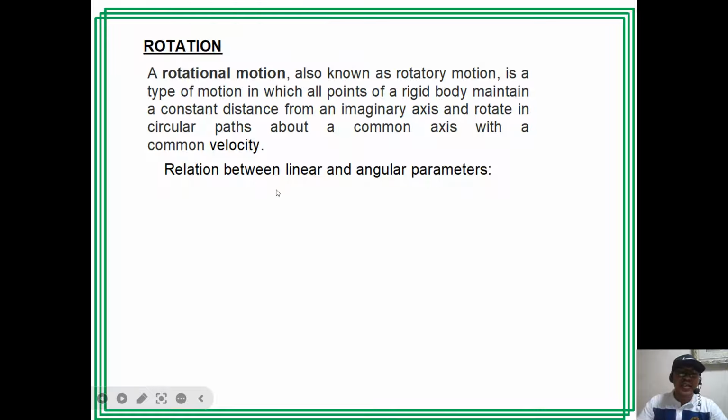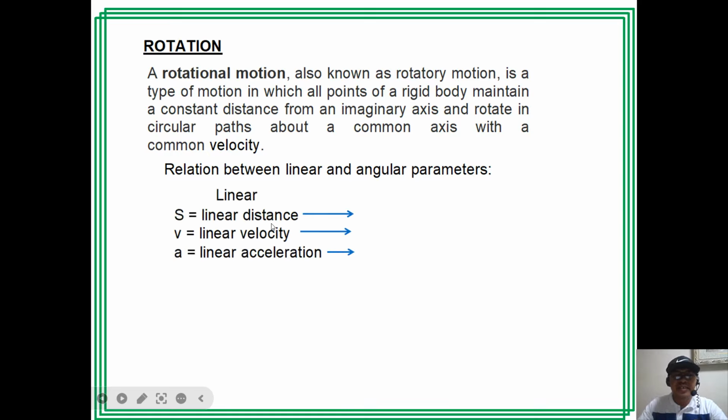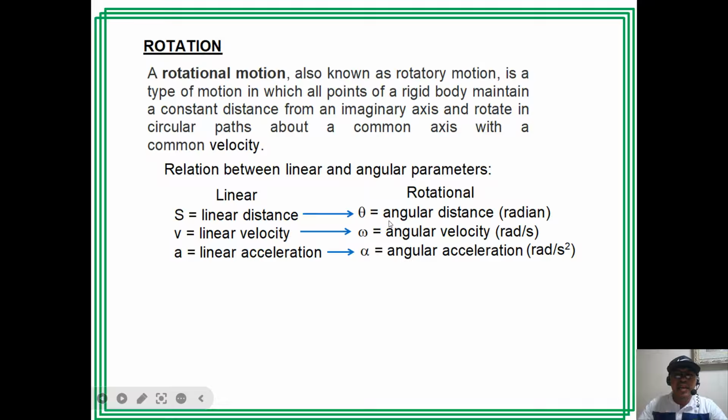If you recall, we have the linear parameters. In linear motion, we represent the distance traveled by S, the velocity by V, and the acceleration by A. Now, in rotation, the distance traveled is expressed as angular distance, and the unit is the radian.